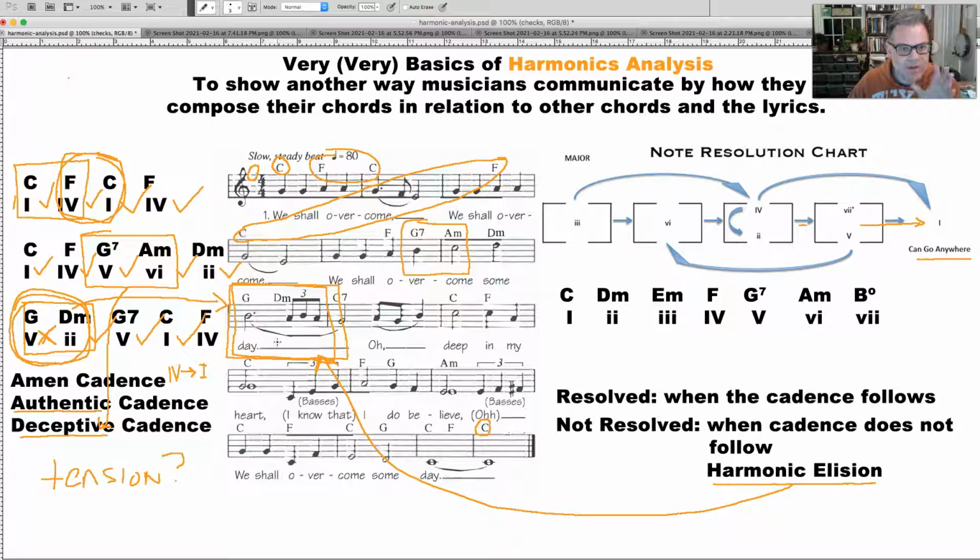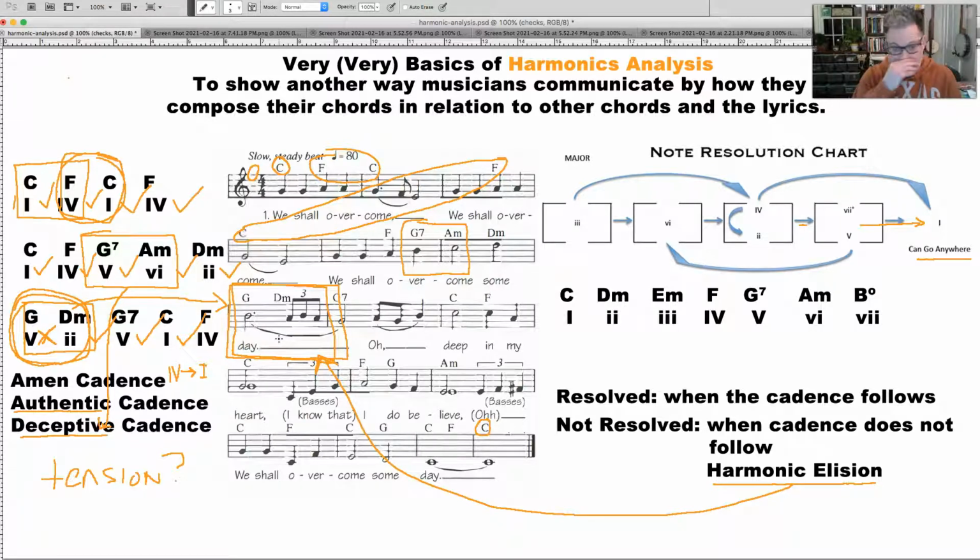This is a very small song, but there are other songs that we are going to be doing this with, thinking about how the songwriter and the composer are communicating with us through the harmonies. So that's harmonic analysis. That's the kind of thing that we're going to be doing with some of our songs.